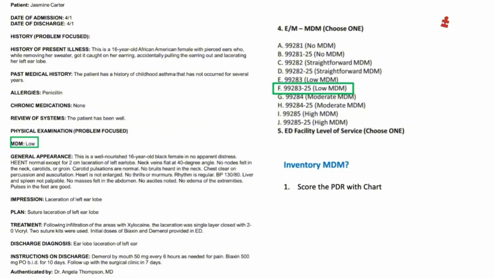Anybody need to know why? I know I just said it's a significant and separate E&M service. It is. So you can put that 25 modifier most often when the patient is having surgery or a surgical procedure in the ED.